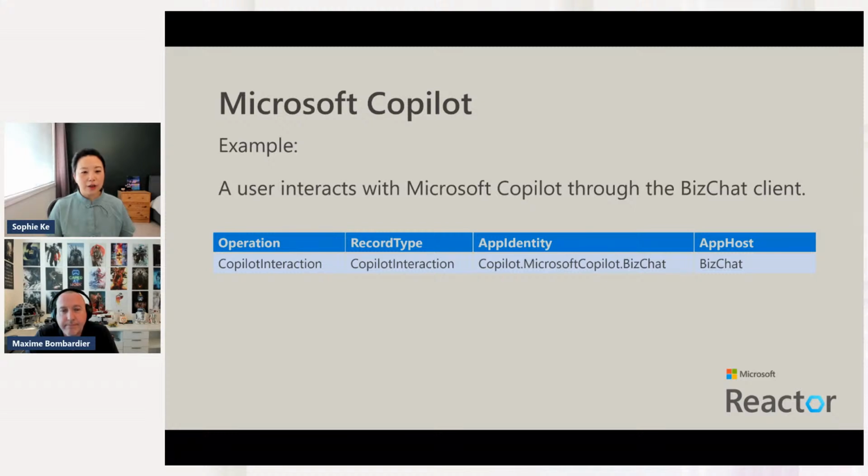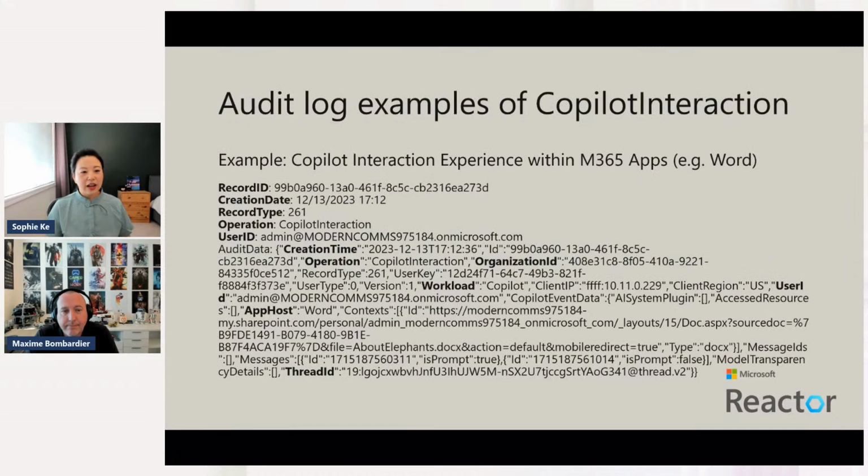So lots of customization there. As I mentioned, this is just on the interaction, not on the content of the prompt and response level. But this is an example of what we see as a result of searching through the audit log.